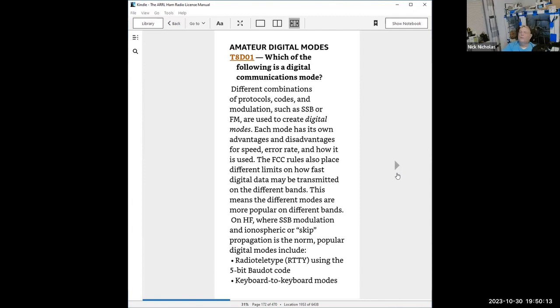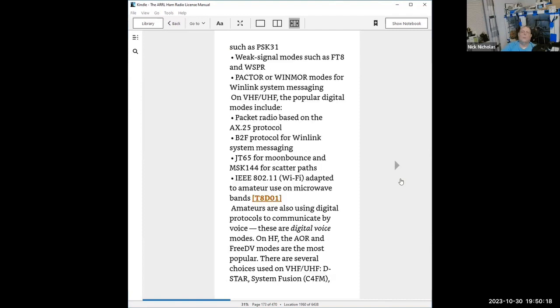Eventually, we started using computers to do this, and we got more complex digital modes for texting and things. We started with things like packet radio and more complex, error-checking forms of teletype, and they evolved. Today we have dozens. Probably the most popular right now that you're going to run into are FT8 and WSPR.